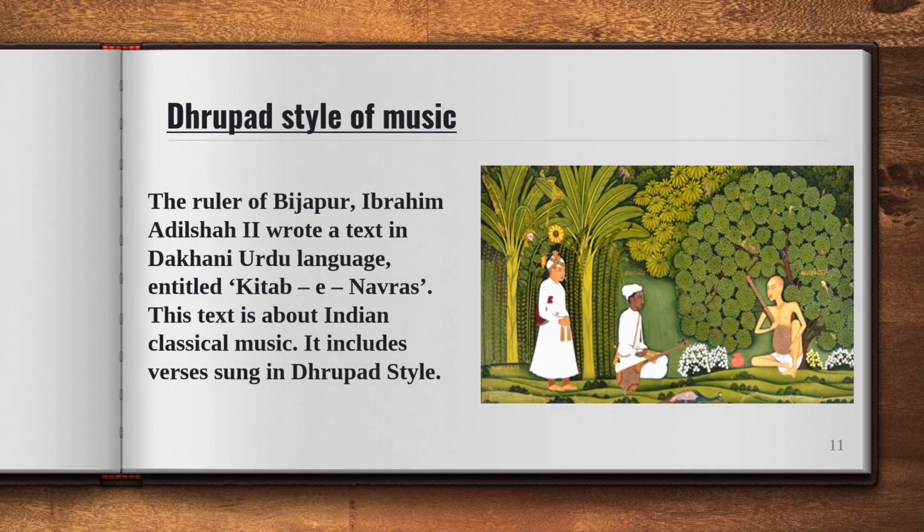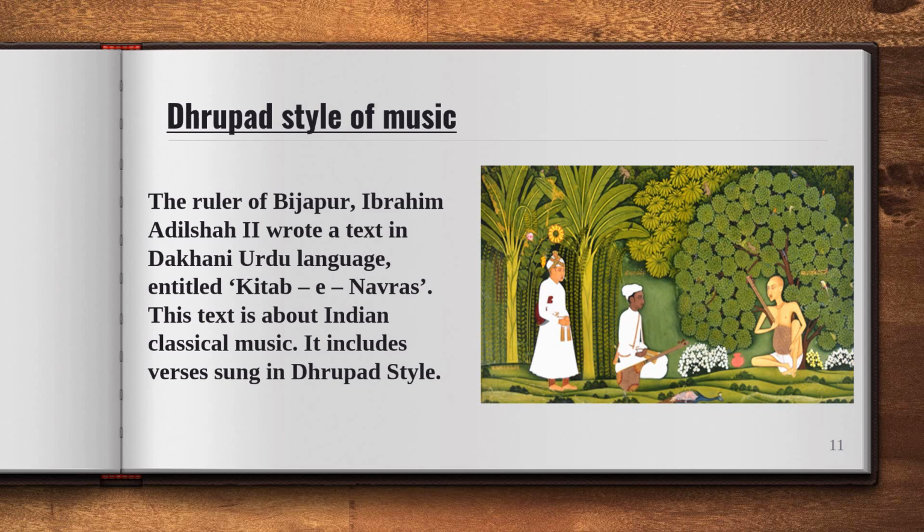Let us now talk about one example of Hindustani classical music. The ruler of Bijapur, Ibrahim Adil Shahi II, wrote a text in the Dakhani Urdu language entitled Kitab-e-Navras. This text is about Indian classical music.